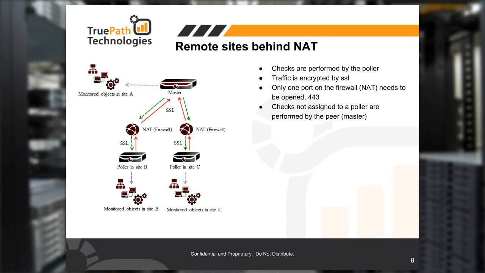And on the bottom right, you can see that we have another firewall with SSL in poller site C. Now the cool thing is the firewall only needs to open up 443. And any checks that are not assigned to any of the pollers are actually performed by the peer or the master. So you can get some pretty intricate polling going back and forth, but this is a nice example of how you might have one data center monitoring its local nodes and two remote sites through a NAT firewall monitoring their sites, both B and C.